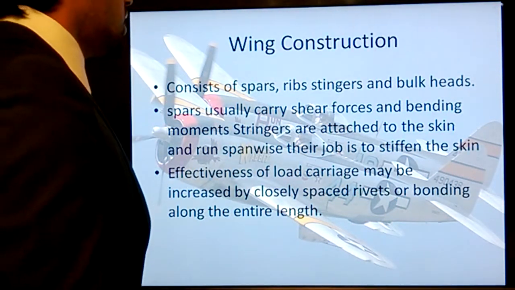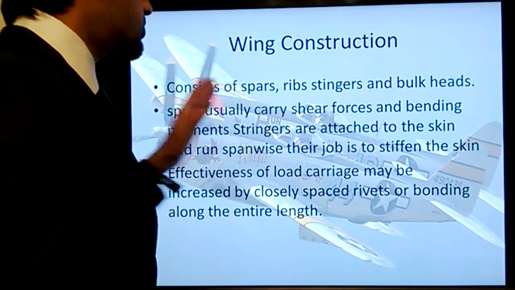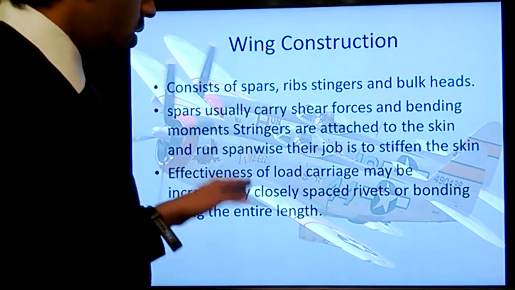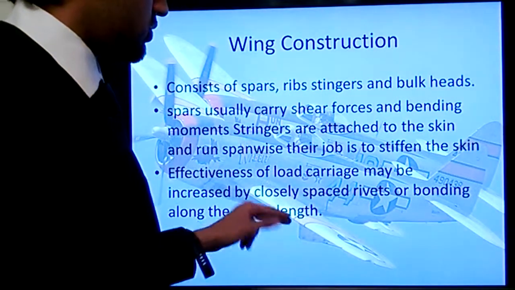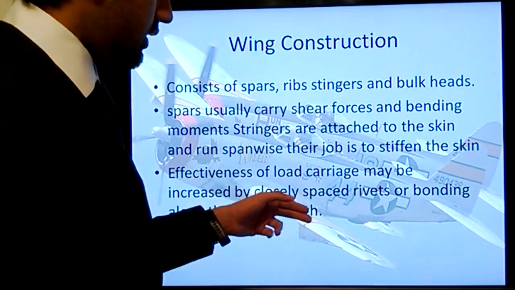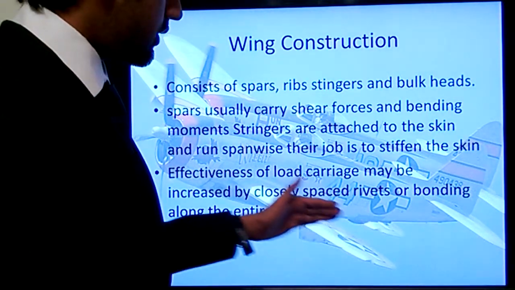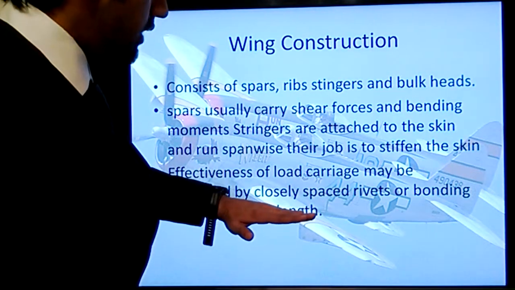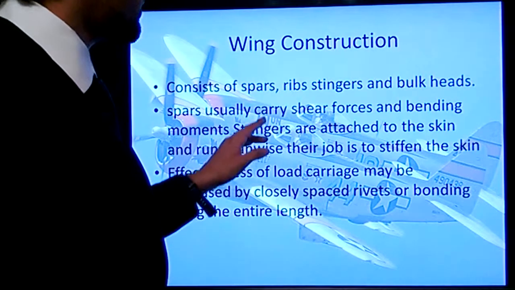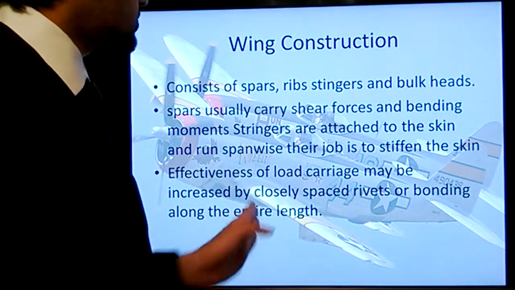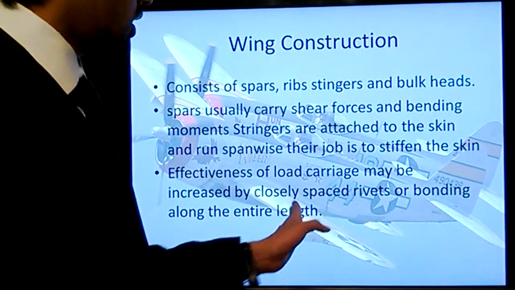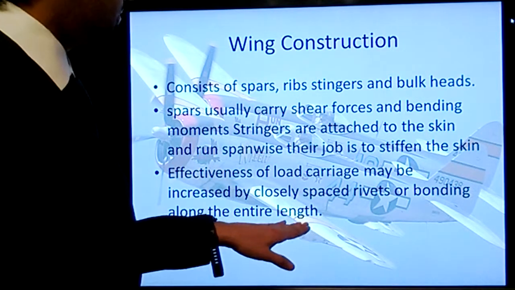Wing construction. The wings consist of spars and ribs. The ribs are aligned perpendicular to the surface of the wing itself, and the spars go spanwise through the ribs.